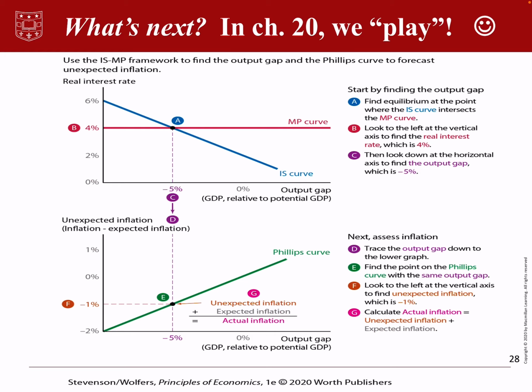So if we observe certain things happening in the macroeconomy, we can use this framework to infer what the source of the shock is. And that's important because then that can help us think about how we might craft a policy response generally.